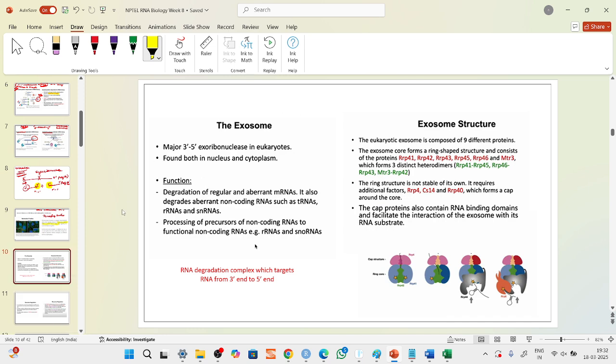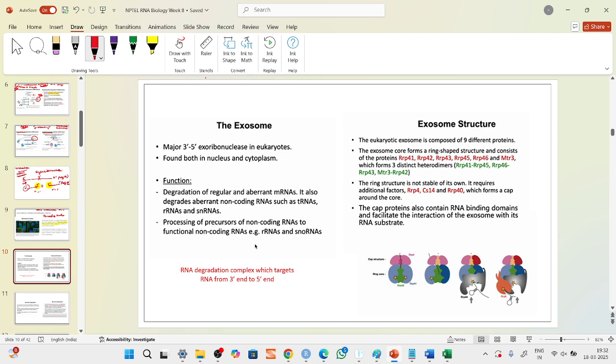let us try to understand the structure of exosomes. What are exosomes? Exosomes are the majority of the 3 prime to 5 prime exoribonucleases present in eukaryotes.